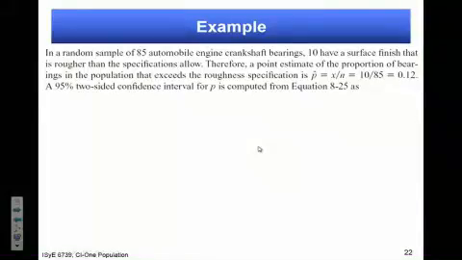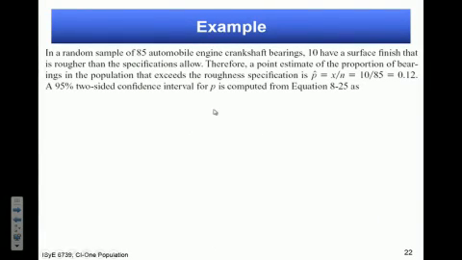Okay. So one example. In a random sample of 85 automobile engine crankshaft bearings, we have 10 out of 85 that have a problem with the finishing, so they have a rougher surface.